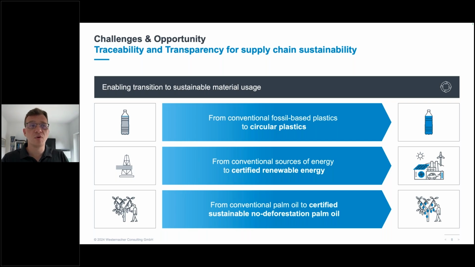The same holds true for energy. Where is energy coming from? In Europe, we see these discussions, like the German government saying, no, we want to build only sustainable sources of energy, solar energy, wind energy. In France, the discussion is a bit different. Here, atomic power is also seen as sustainable.